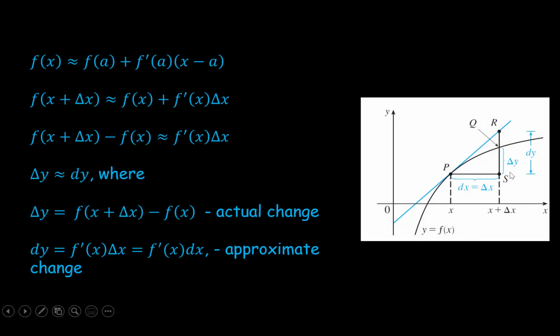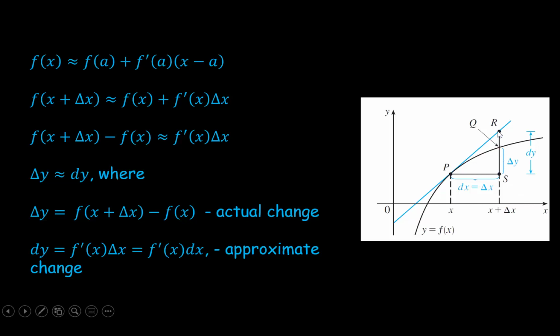Oh, by the way, this is the picture, the nice picture. This is the original point, x equals x, and then increase by delta x. So this much is delta x, and also we denote that by dx. So the x value becomes x plus delta x. Let's look at how much y changes.